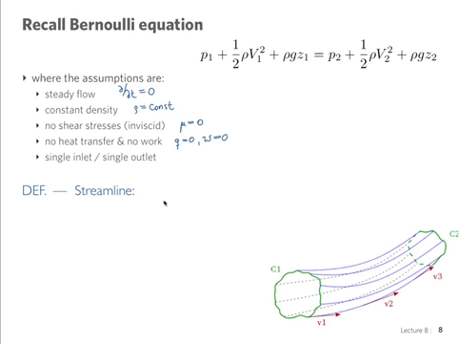Those are the assumptions for the form of the Bernoulli equation that we presented so far. Now, we can interpret the last condition here, single inlet, single outlet, in the limit for what we call a stream tube, or even further in the limit to a streamline.